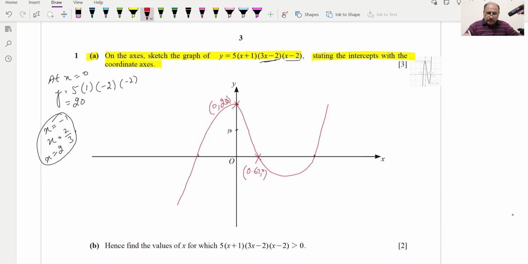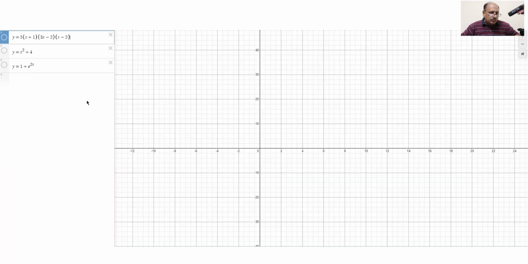To practice these types of questions, there are many software tools available on the net, which you can use for exam practice. I'm just explaining one. Here we have written y equal to 5 times (x plus 1)(3x minus 2)(x minus 2).